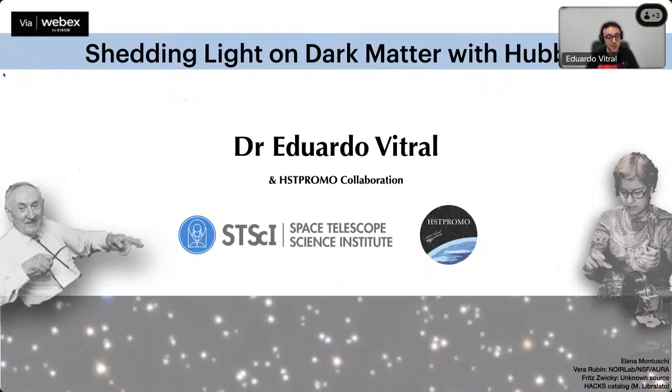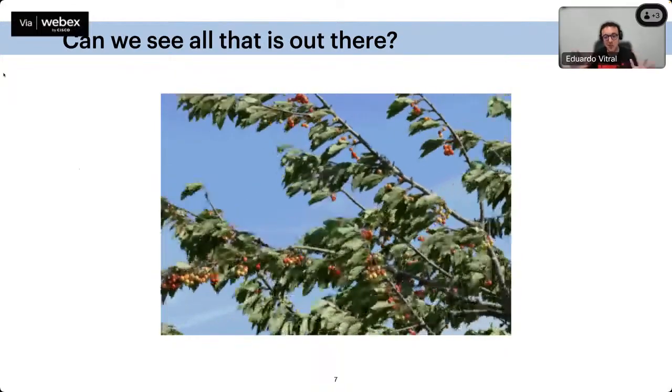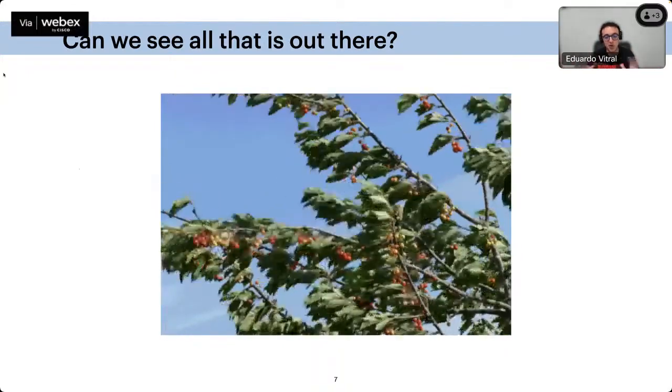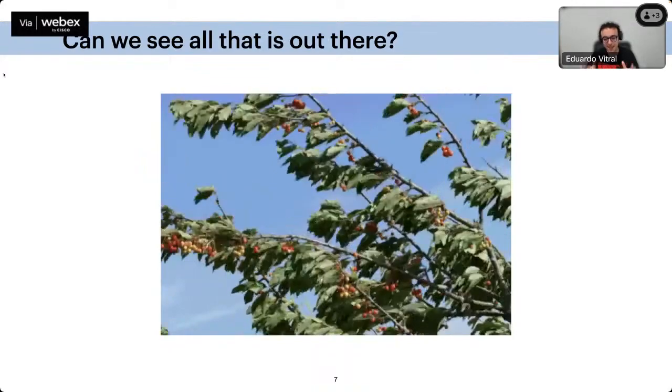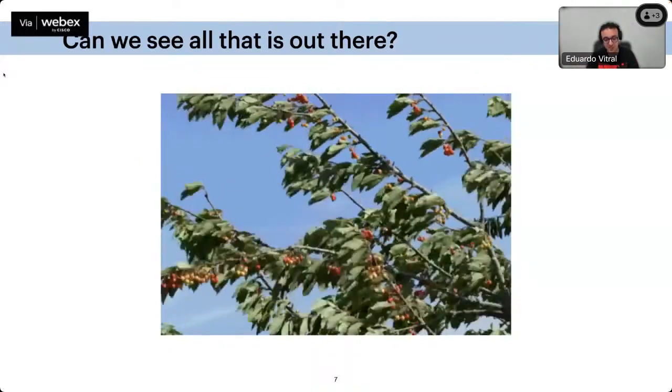In order to start my talk, I would like you to picture the following scenario. You're on a beautiful spring day, you're walking around, and you see a tree that is moving, such as in this image here. You might ask yourself, what is causing this tree to move?